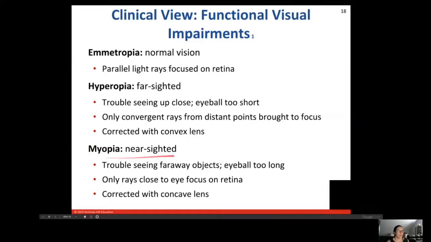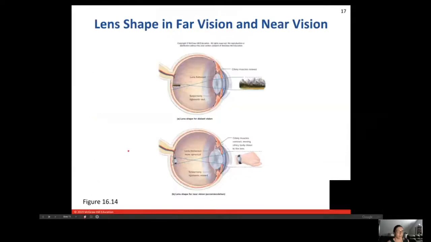Myopia is really common, and I think the incidence of myopia is increasing now, especially in children. It is trouble seeing far away objects because the eyeball is too long. So the eyeball is out here, and the mountains that we're looking at are focusing somewhere in the middle of the vitreous humor.